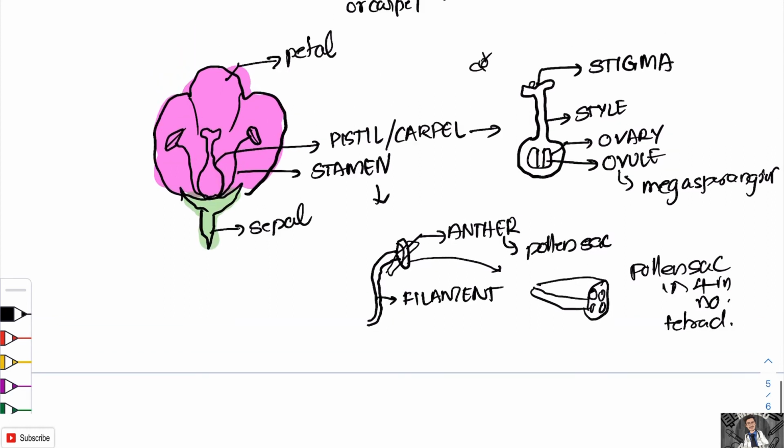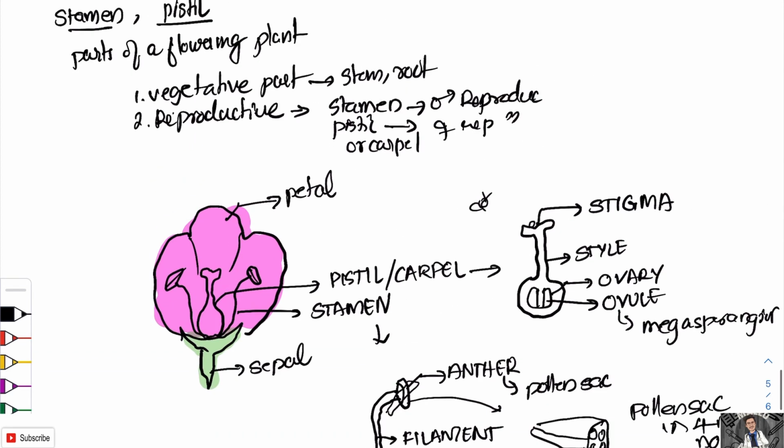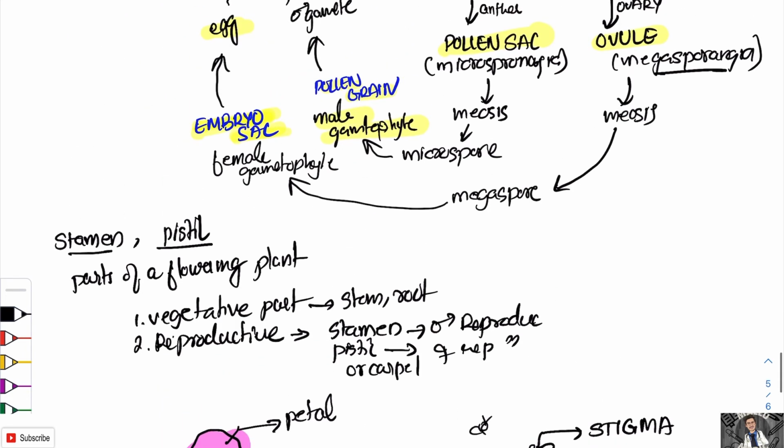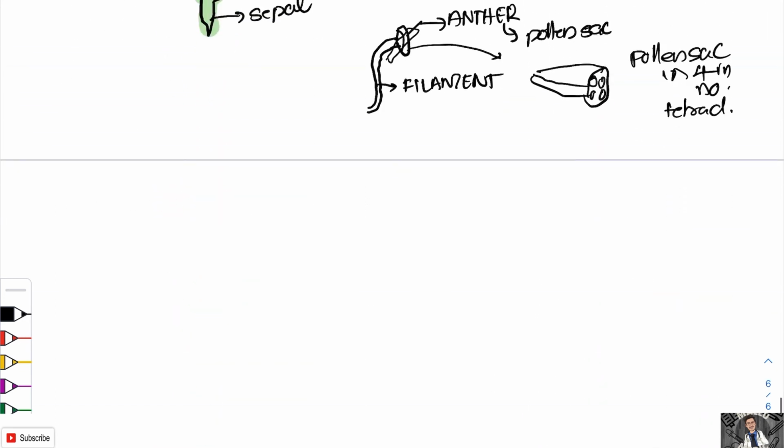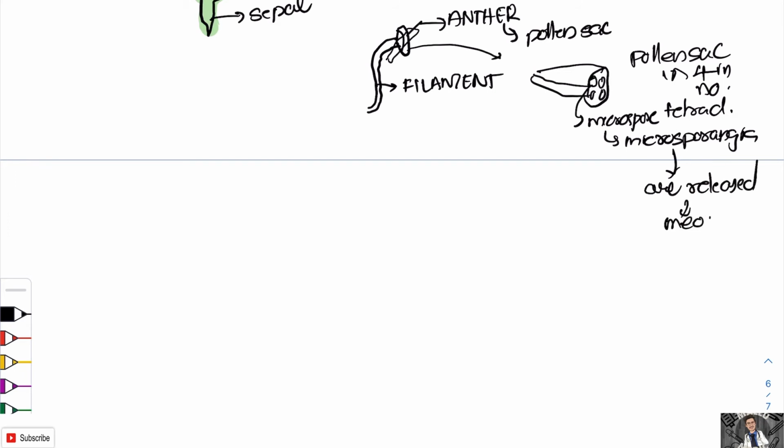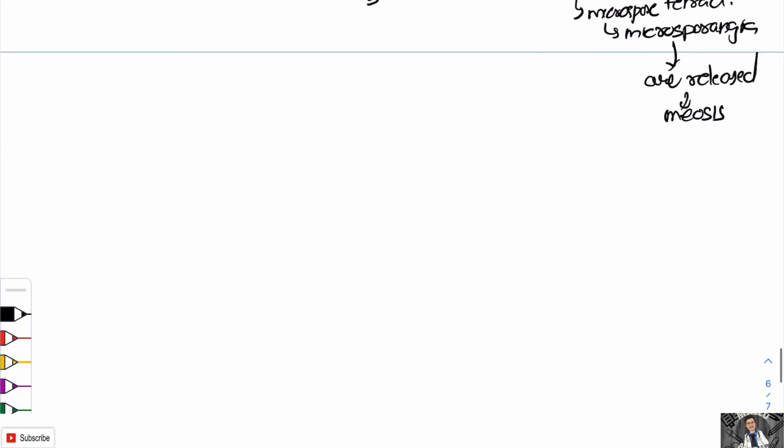All right, so this is the reproductive part of a flowering plant. So you have understood all these terms, I suppose. Now coming to the spores, all the microspores which are produced in the microsporangia undergo meiosis and they are released. But the same thing matters even here.